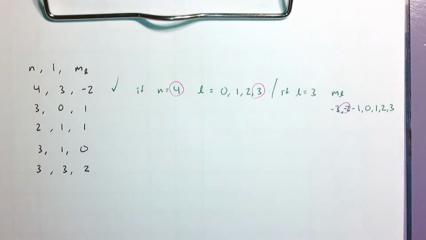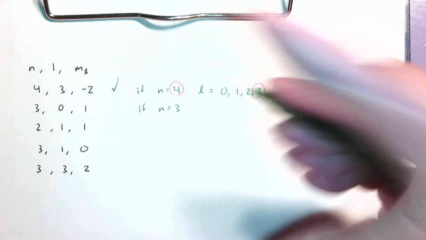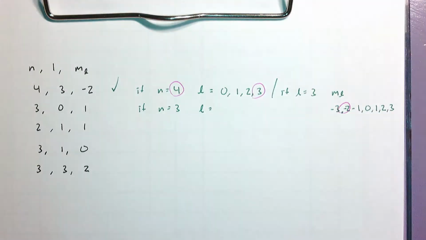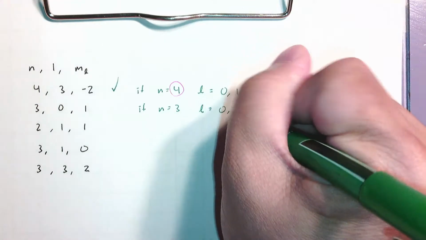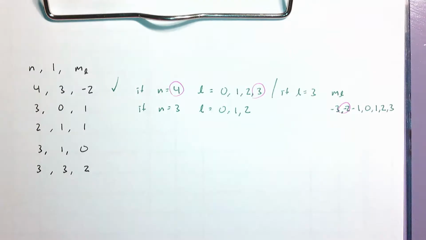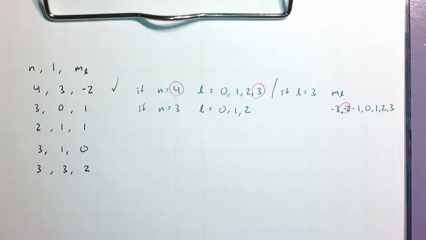The way I like to think about this is if n equals 3, L can equal what? L can equal 0, 1, or 2. So there's 0, and there's 0. What do these represent again, guys?